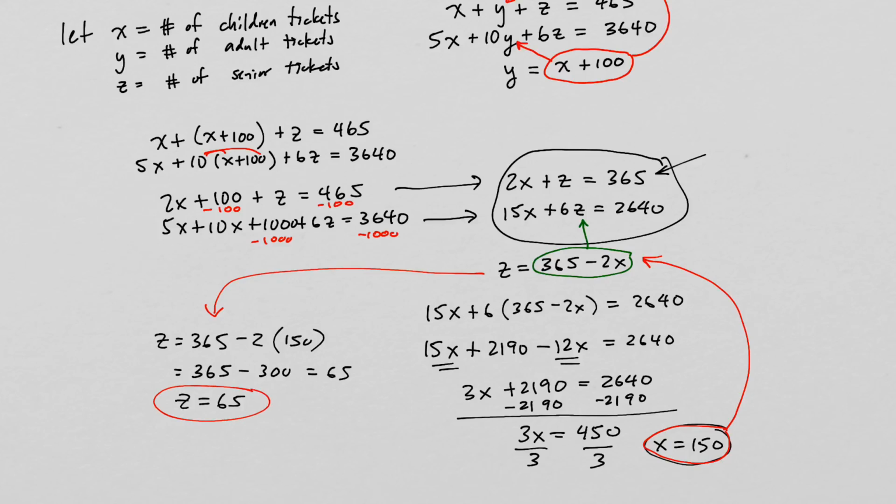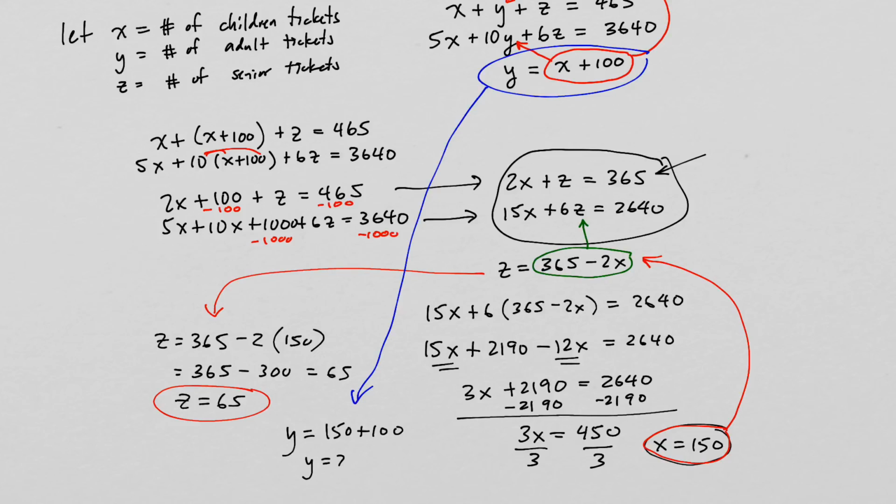So that means there were 65 senior tickets. Now we just need the number of adult tickets. So you could take z and x and plug it back into one of the original equations. But if you'll notice right here, I can actually solve for y very easily by simply saying y equals x plus 100. And so y is 250.